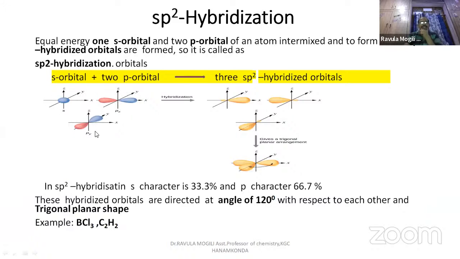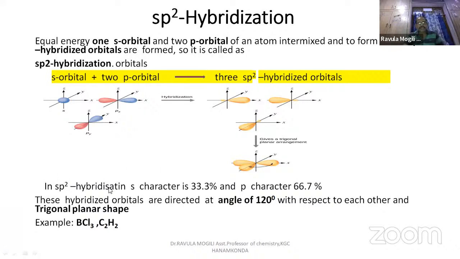They are intermixing, so 1 s orbital and 2 p orbitals intermix to form 3 hybridized orbitals. These 3 sp2 hybridized orbitals are arranged in a trigonal planar geometry.